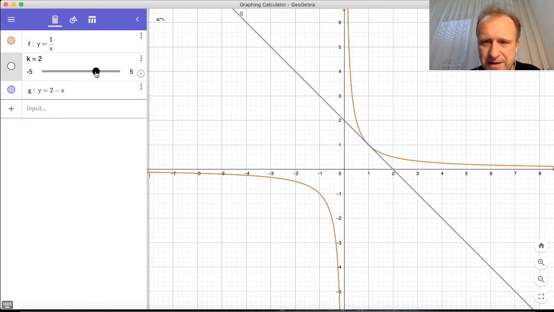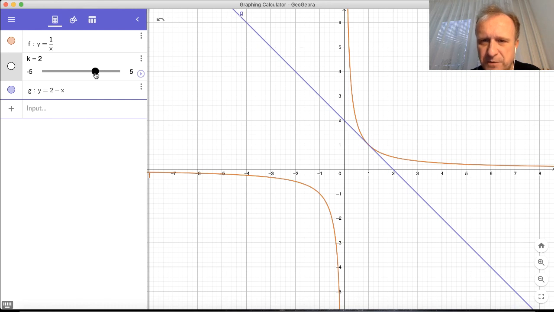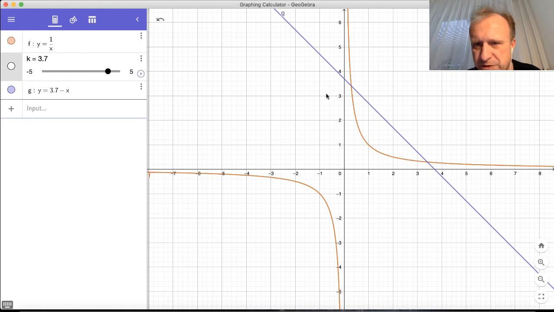So when k is 2, which was exactly the situation from part A of the exercise, then we have just one solution, and that's the solution x equals 1. Okay, there is just one intersection point of these two graphs. When k is larger than 2, there for sure are going to be two different solutions. So for example, this and this.